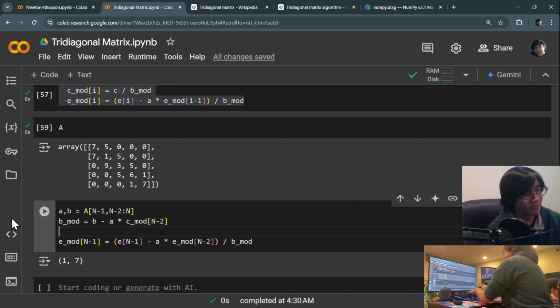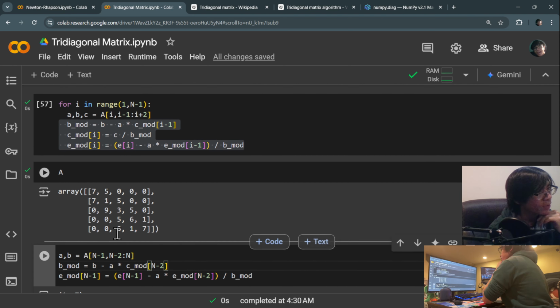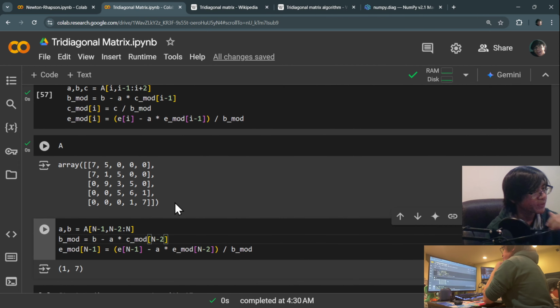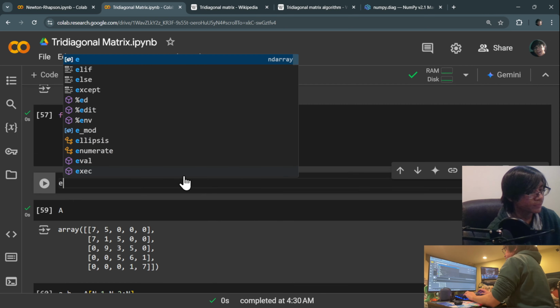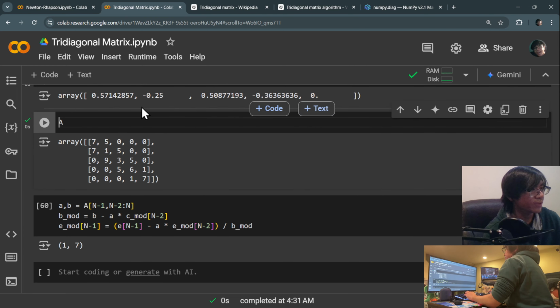There is no C modified, as we mentioned earlier. And then now we're taking n minus 1. So 4 of our E mod would be, did I delete the E mod? Of course I did. We're missing the last one, remember? So we need to reference, it'd be 0, 1, 2, 3, 4. N minus 2 would be 3.